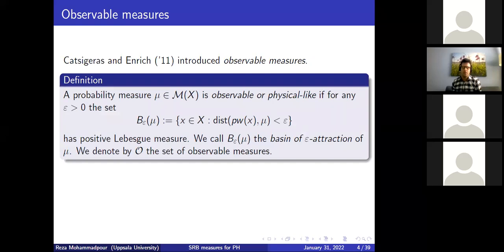Now I'm going to introduce observable measures. This is the main definition of this talk, and it's a very important definition. Catsigeras and Enrich introduced the observable measure.